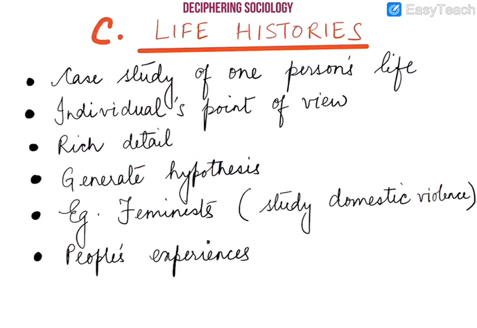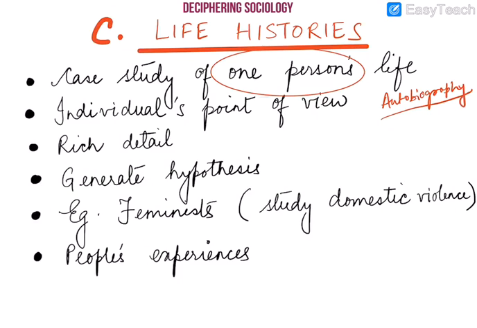The next method is that of life histories. It is actually the case study of one person's life. For example, it may be in the form of, let's say, an autobiography of famous people.